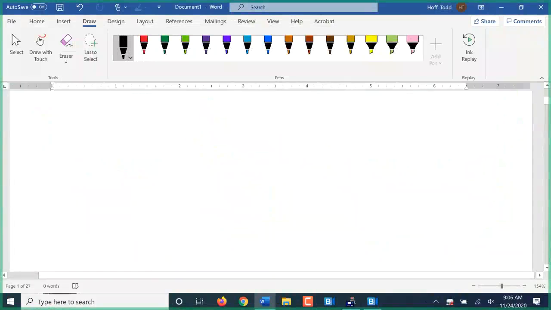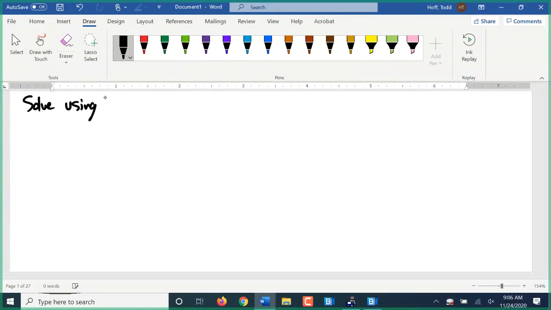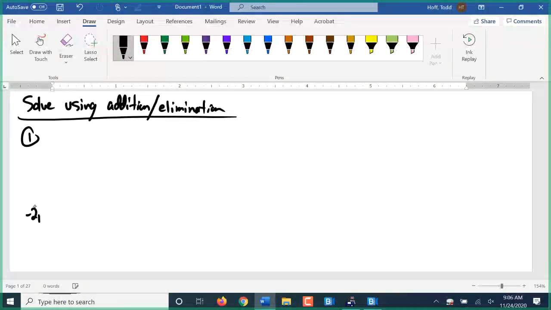Okay. So next, we're going to have you solve by elimination, whichever you prefer to call it. So our first system here, we have 3x minus 2y equals 4.